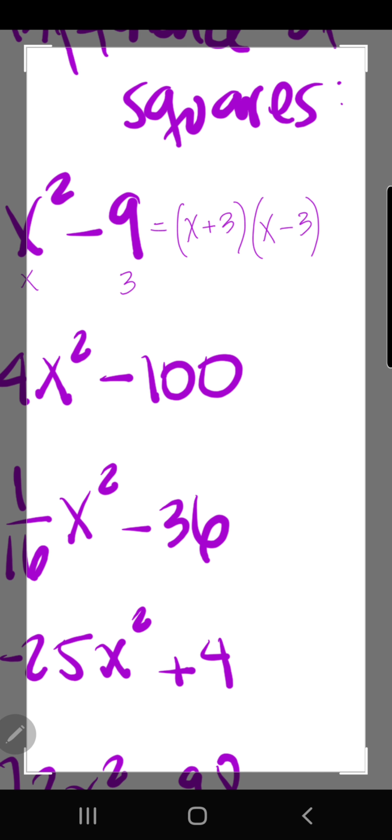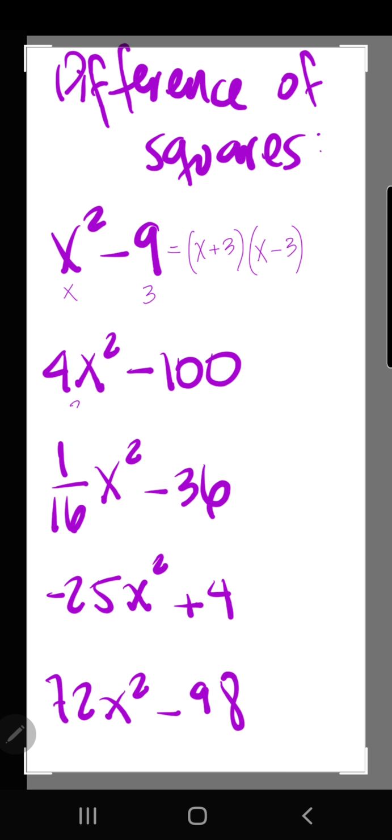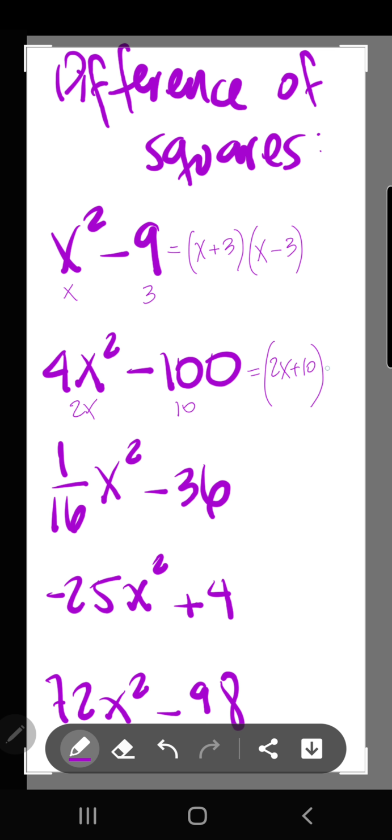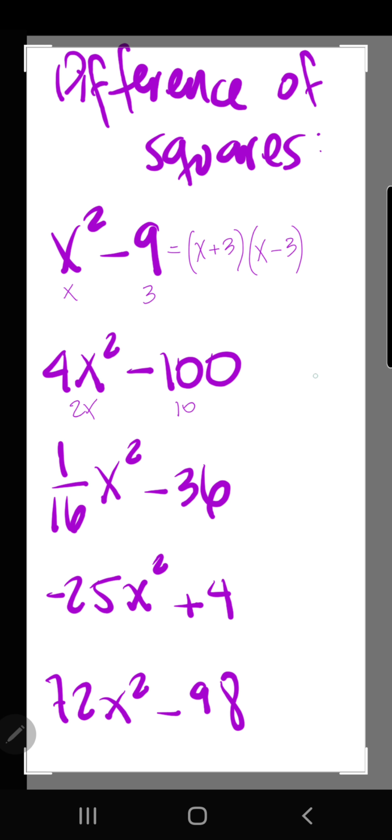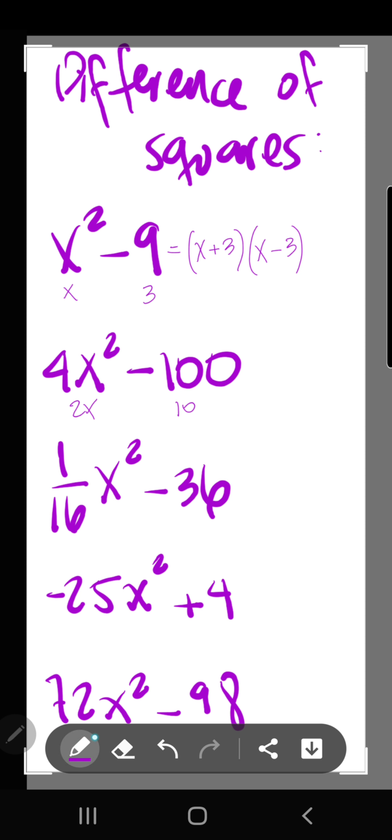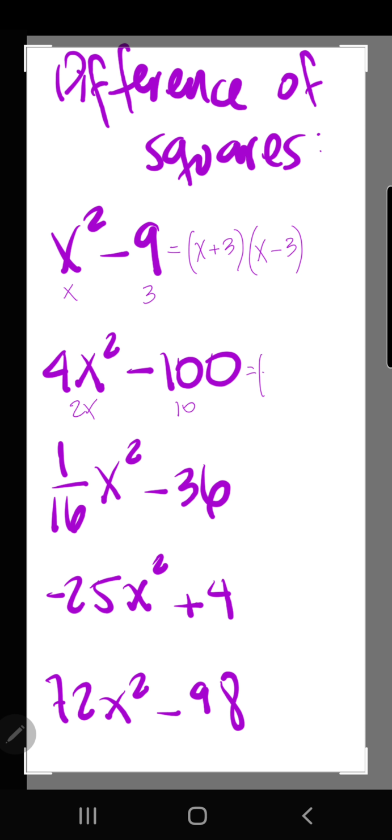Then here the square roots are 2x and 10. So 2x plus 10 and 2x minus 10. Here 1/4 of x and 6.